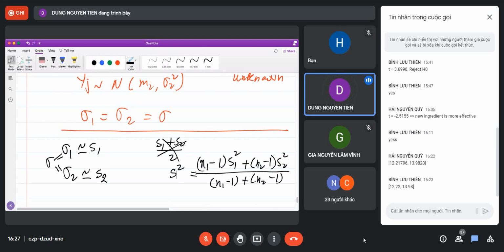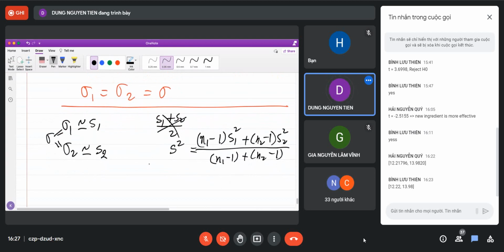Instead of using 1/2 and 1/2 for the weights, I used the degrees of freedom of the two samples as weights to get the average of S1 squared and S2 squared. S squared is called the pooled value, and I can use this pooled value S squared to approximate sigma squared. Is that all clear, everybody?